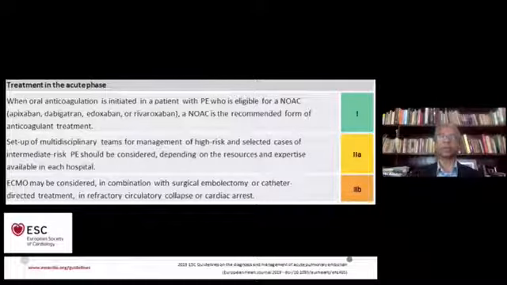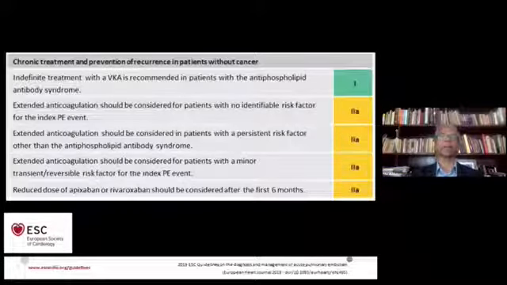You can consider ECMO in combination with surgical embolectomy in cases of cardiac arrest or circulatory collapse. For chronic treatment and prevention of recurrence in patients without cancer, consider indefinite treatment. Consider extended anticoagulation if there's no identifiable risk factor, and consider it in those with a persistent risk factor other than the APLA syndrome, where you anyway have to give it.